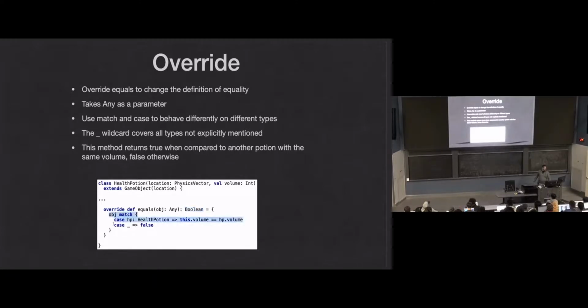And then to check if these two things are equal, we need to do some type checking. So it doesn't help us to have a reference to something of type Any. I actually want to know what type the thing is that I called the equals method on. What am I being compared to? I want to know the type. So we're going to use this match case syntax, which I believe was asked about on Monday.